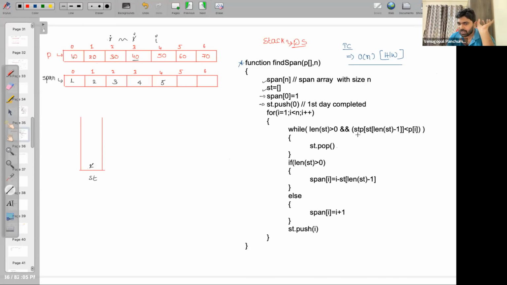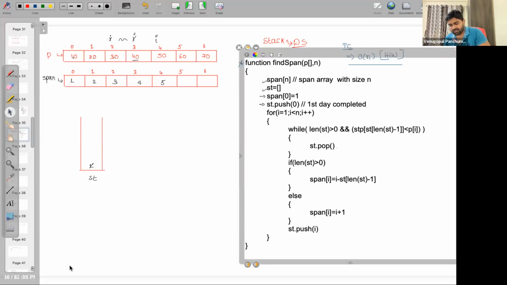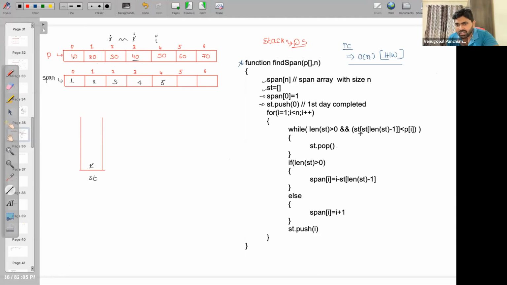I'm checking here stack of. From now onwards, rather than writing this much, if you want to get the top of the stack element, you can simply write st of -1 in Python. This is the index.